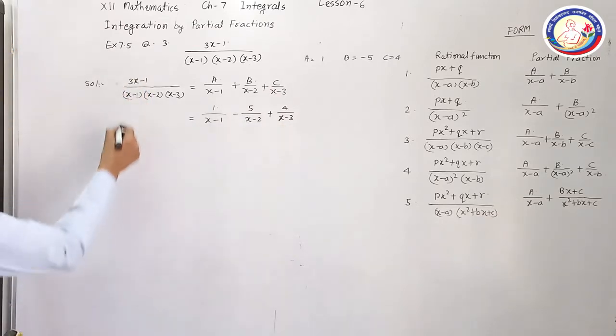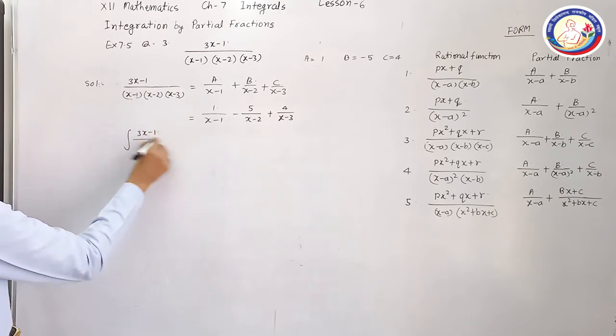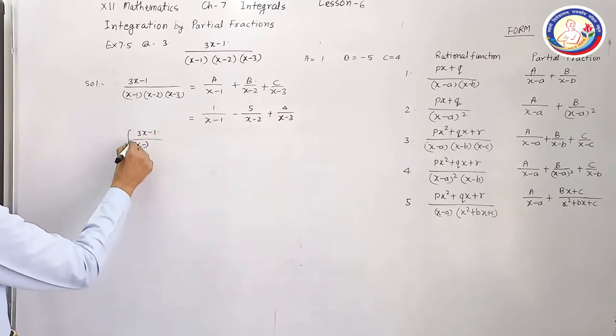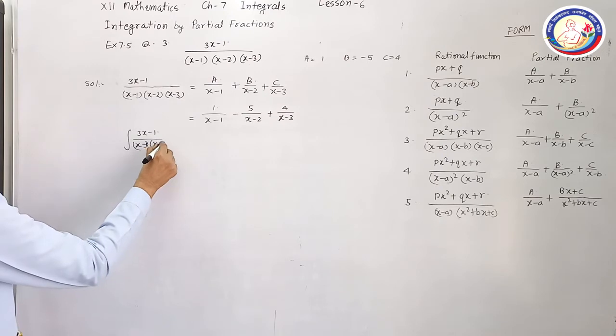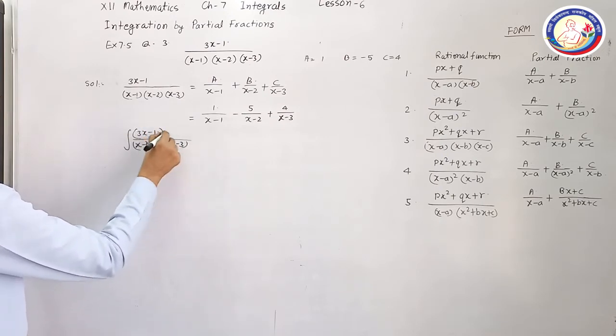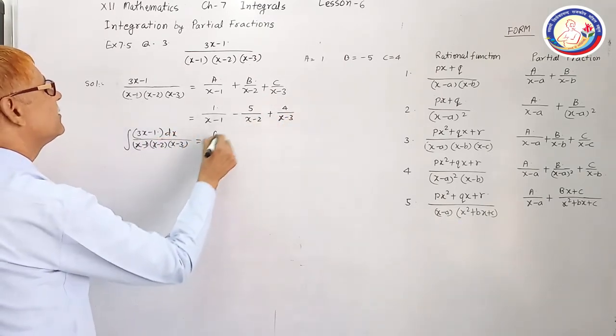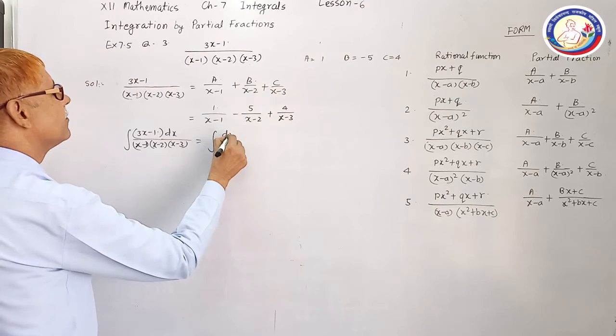Now integrate this. If we want to integrate 3x minus 1 divided by x minus 1 into x minus 2 into x minus 3 with respect to x, it will be the integration of these three separate functions.